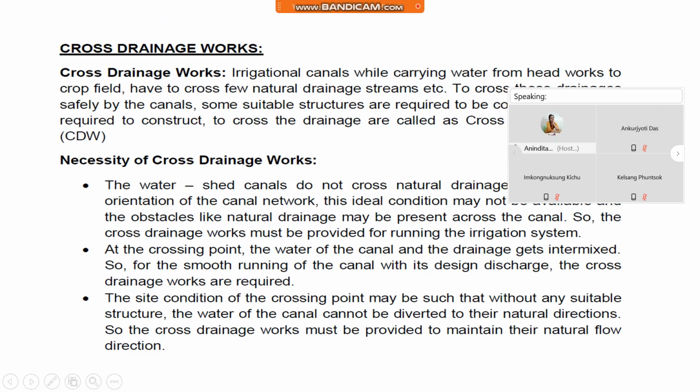Works required to construct or to cross the drainage are called cross drainage works, that is CDW.